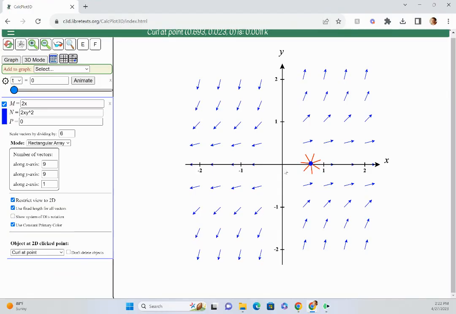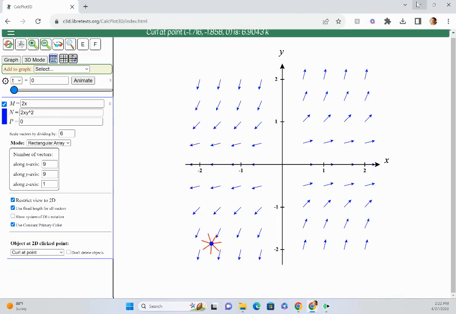If I go right at the origin, still 0, but if I start to travel up the y-axis, I start to get a little bit of motion. This is just something for you to observe, okay? But this example is a vector field that is not conservative because we do get positive curl in different spots, okay?